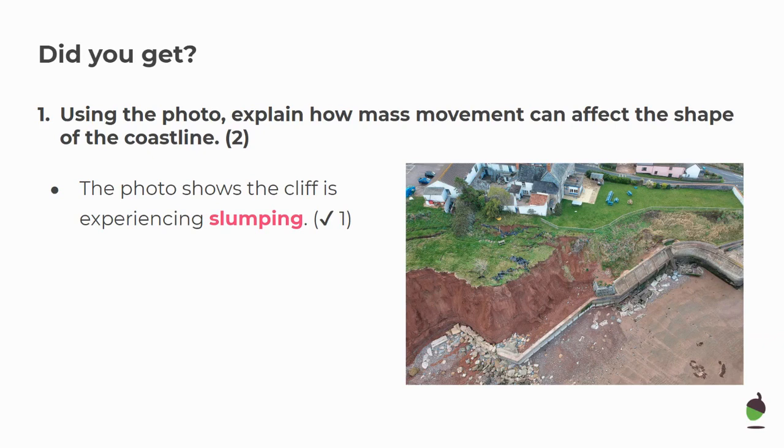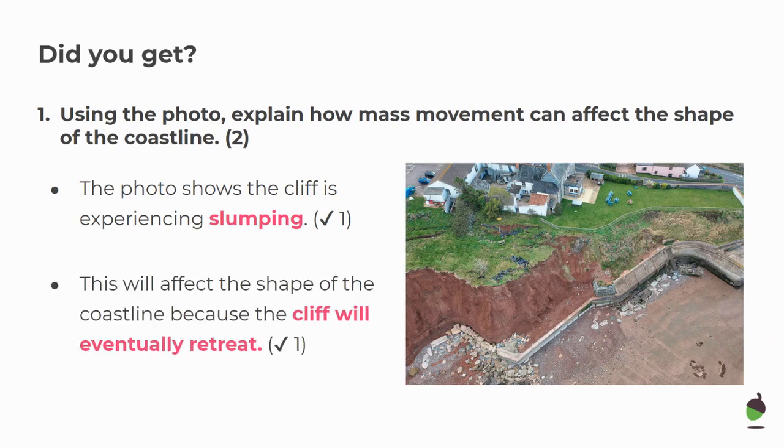You can see the brown soil where parts of the cliff have slumped. If it was sliding, it would have been whole chunks of cliff happening rapidly. So we know that this therefore is slumping. The second mark comes from saying this will affect the coastline because the cliff will eventually retreat. 2 marks. Give yourself a tick where you've earned them.